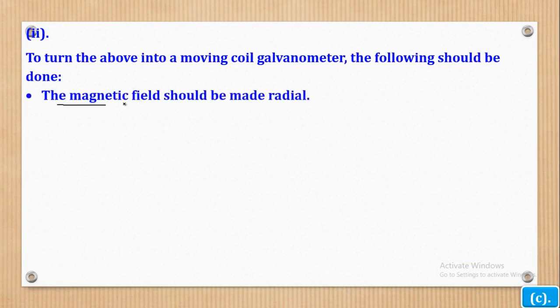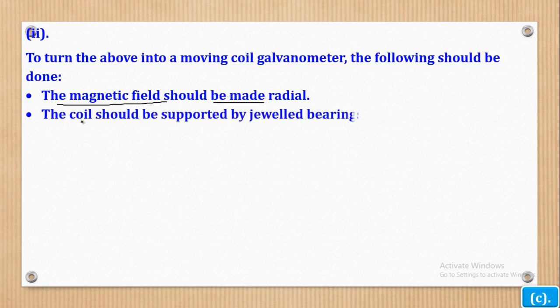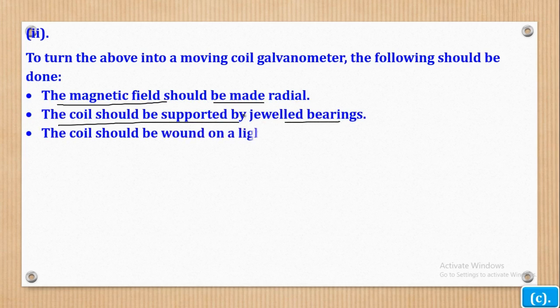So 1 is that the magnetic field should be made radial. 2 is that the coil should be supported by jeweled bearings. 3 is that the coil should be wound on a light conducting frame.